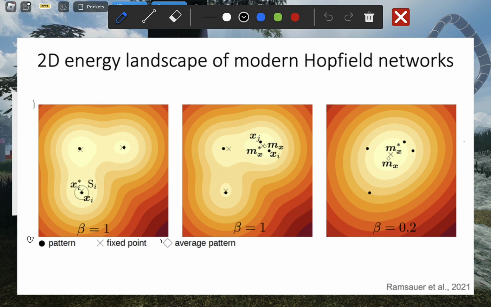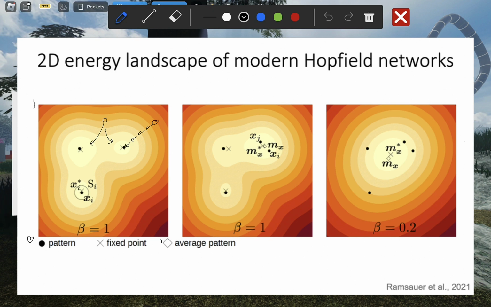The crosses are actually fixed points dynamically, so they're close to the patterns, as you would want. You also see the energy smoothing out, so that if you start here and perform some update, you get down to where you want. And if you're here, then probably you'll end up in one of these.